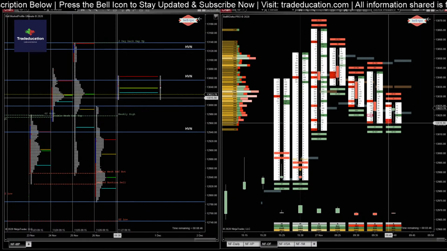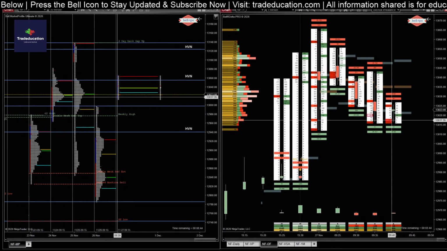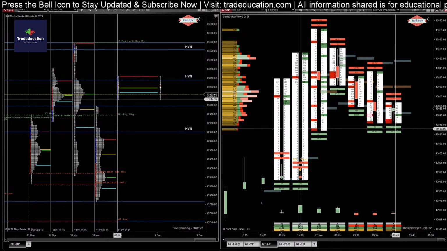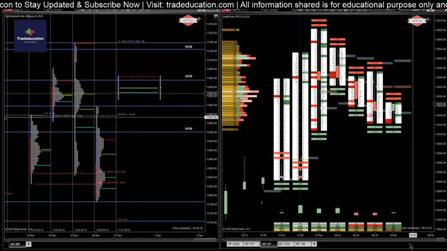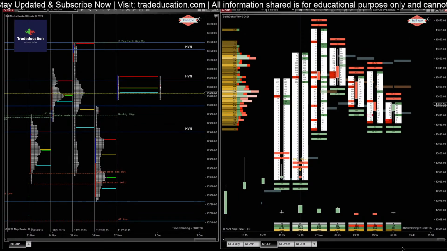Trapped sellers. We got one unfinished option here. Low to be tagged. The odds are high that the low would be tagged. So let's see whether that happens or not.